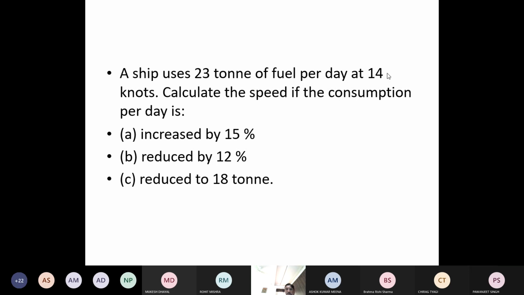That is given to us. We have to calculate if we increase the consumption by 15%, then what will be the speed? If we reduce the fuel consumption by 12%, what will be the speed? And if my consumption is 18 tons, what will be the speed?